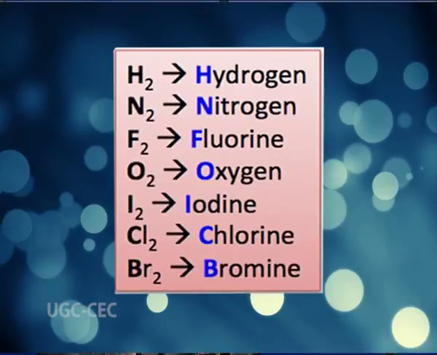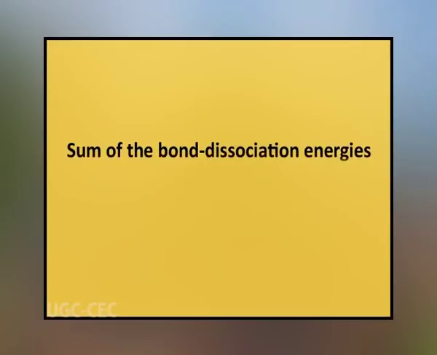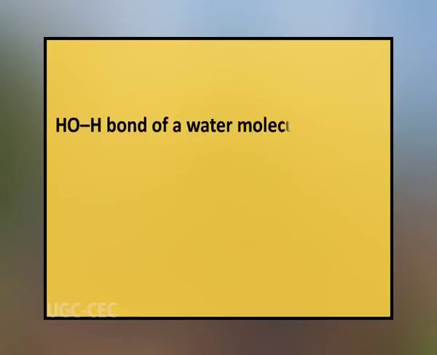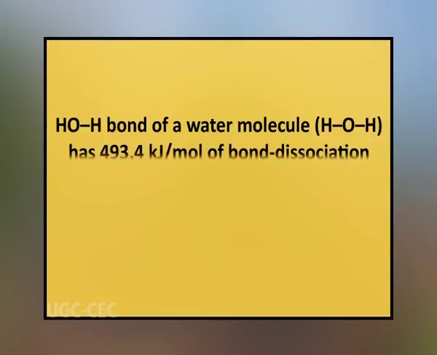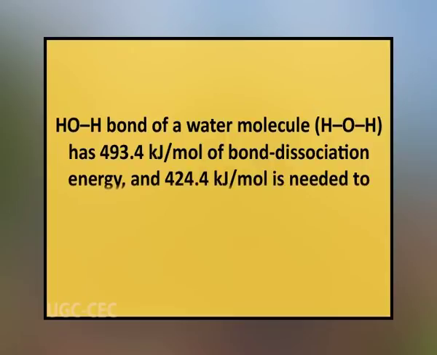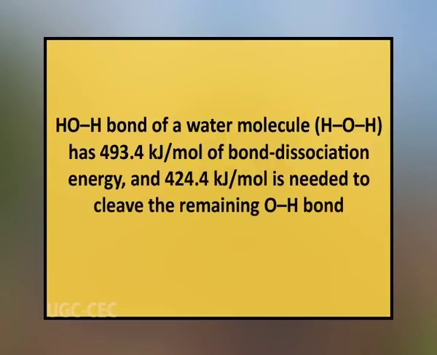Except in the case of diatomic molecules, the bond dissociation energy is different from the bond energy, which is an average calculated from the sum of the bond dissociation energies of all bonds in a molecule. For example, an H-OH bond of a water molecule has 493.4 kilojoules per mole of bond dissociation energy, and 424.4 kilojoules per mole is needed to cleave the remaining OH bond.